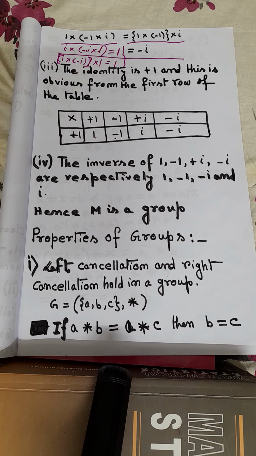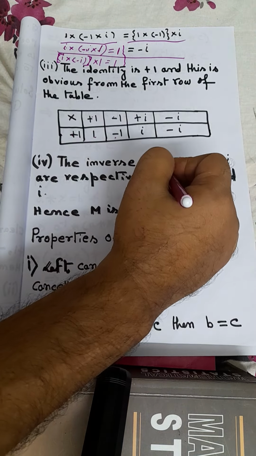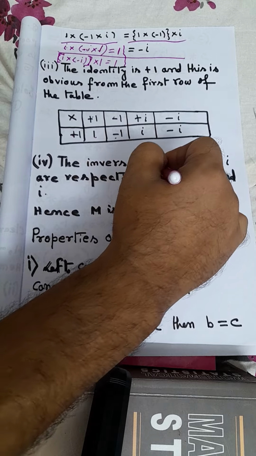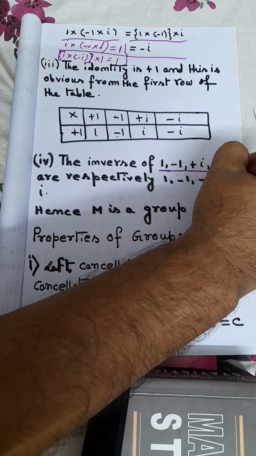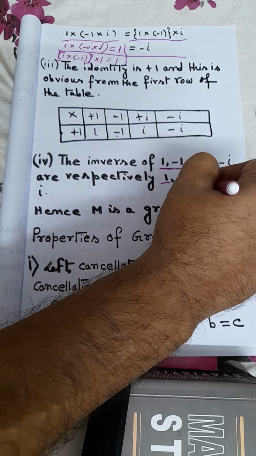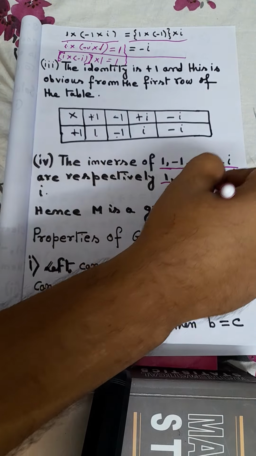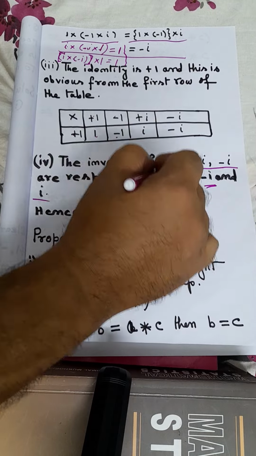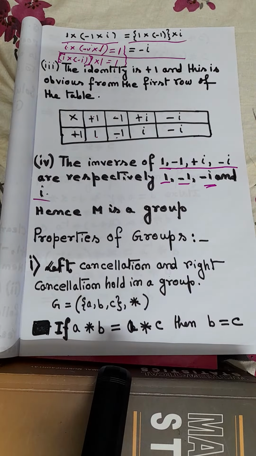We can see that the fourth one is inverse, because the inverses of 1, minus 1, plus i and minus i are respectively 1, minus 1, minus i and i. Why? Because 1 into 1, what we will get? 1.